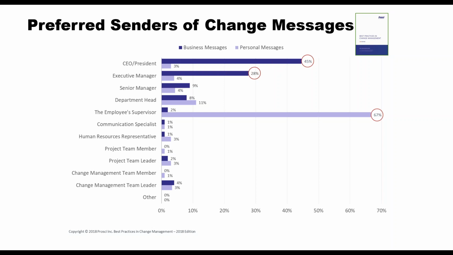What we're seeing, though, when it comes to how is this going to impact me, how will this new technology change my day-to-day, is that people really, really want to hear from their supervisors, from their managers.